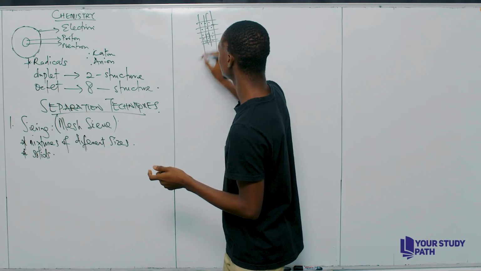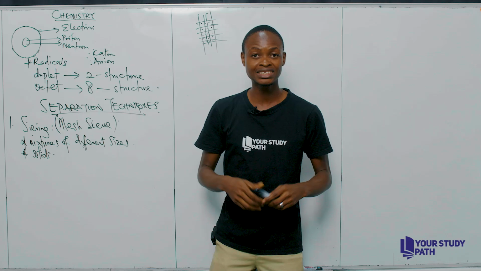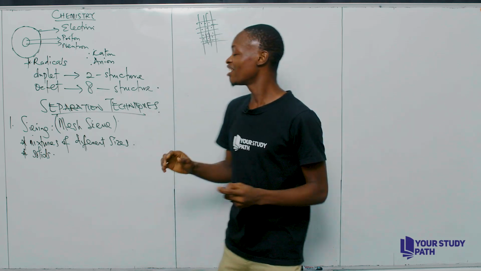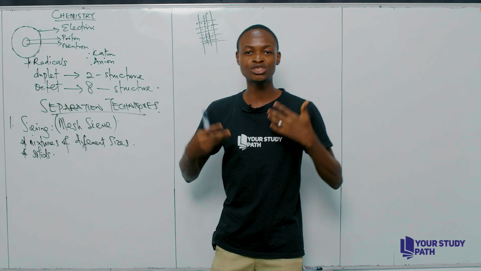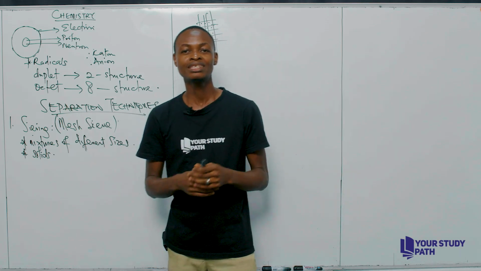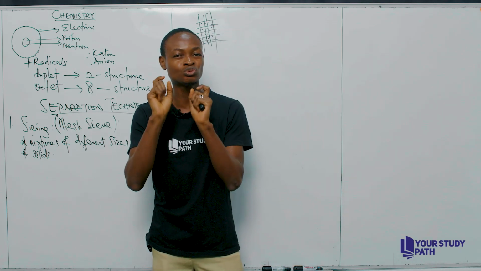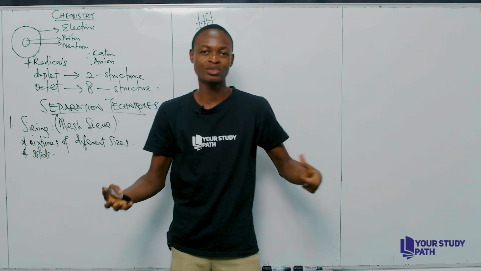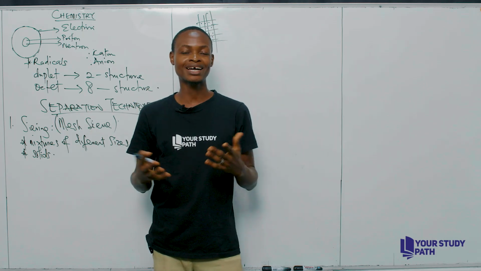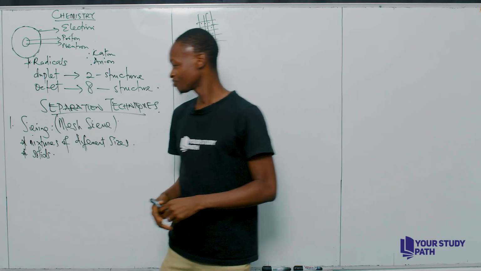Some of those sizes are small, some of those sizes are big. You can find sieves of different sizes, and so you can just move on to use a bigger sieve that has a bigger size that will only allow the size limit of the rice to come down. This is practical use of the sieve.